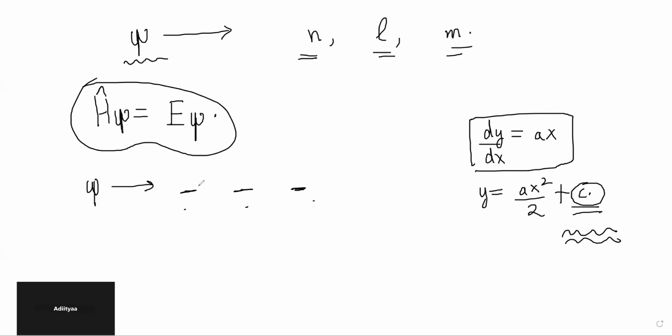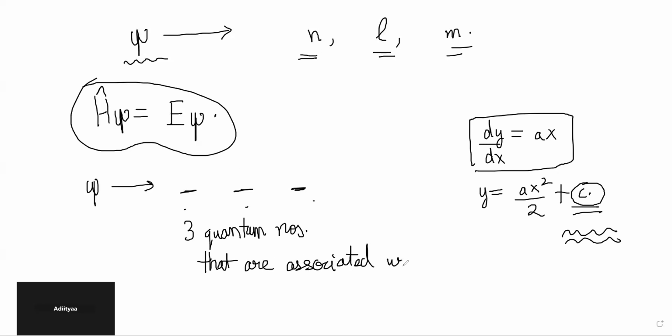These three constants are known as the three quantum numbers. Three quantum numbers that are associated with any wave function. Do you understand what I'm saying? So any wave function which comes out as a solution will automatically have three quantum numbers, right?